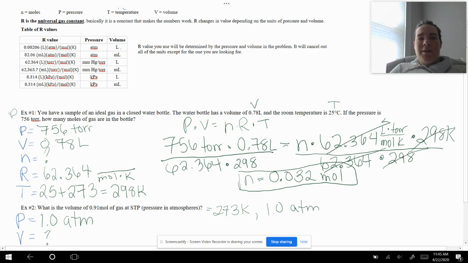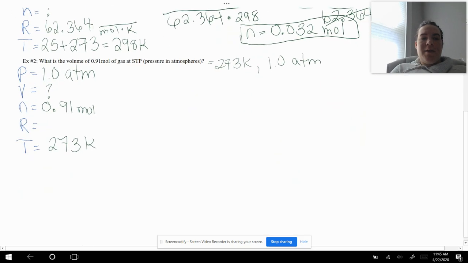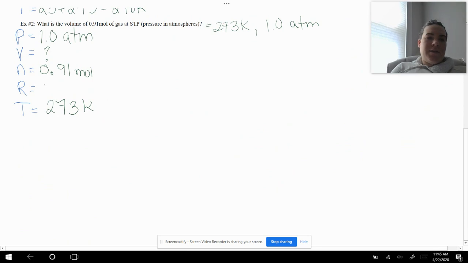I'm going to put the answer in liters, but if it doesn't specify, these are equally correct. So this number, 0.08206, is going to be our R. I'm just going to write here that we're using atm and liters. I'm just going to leave the units out for now.